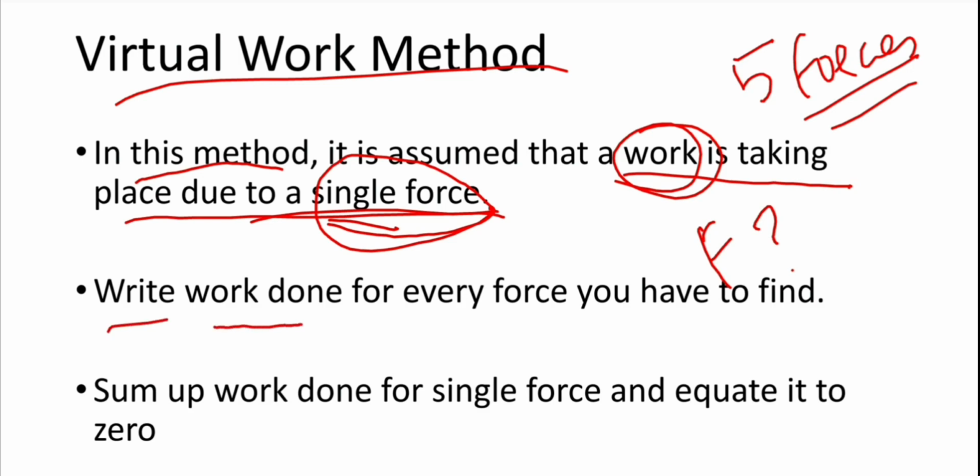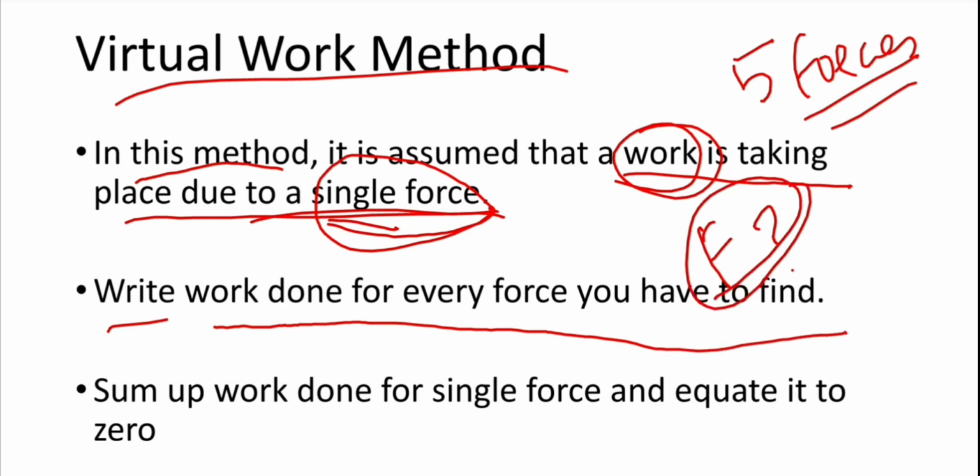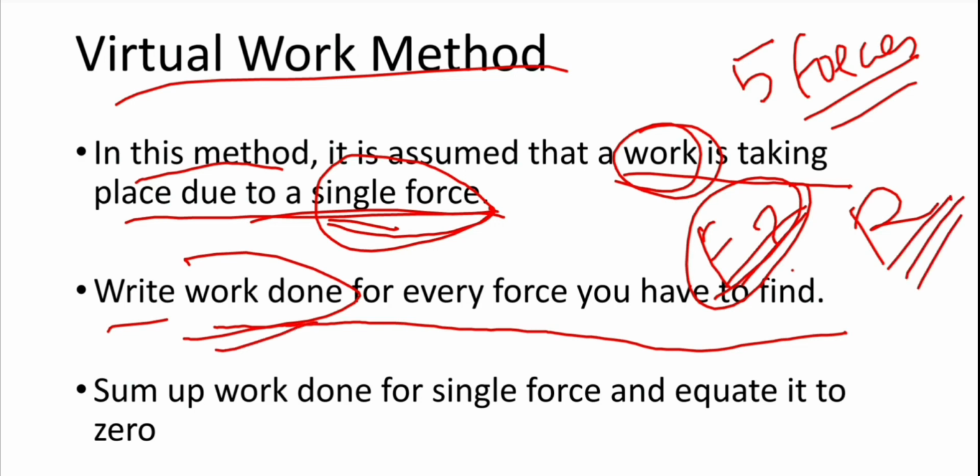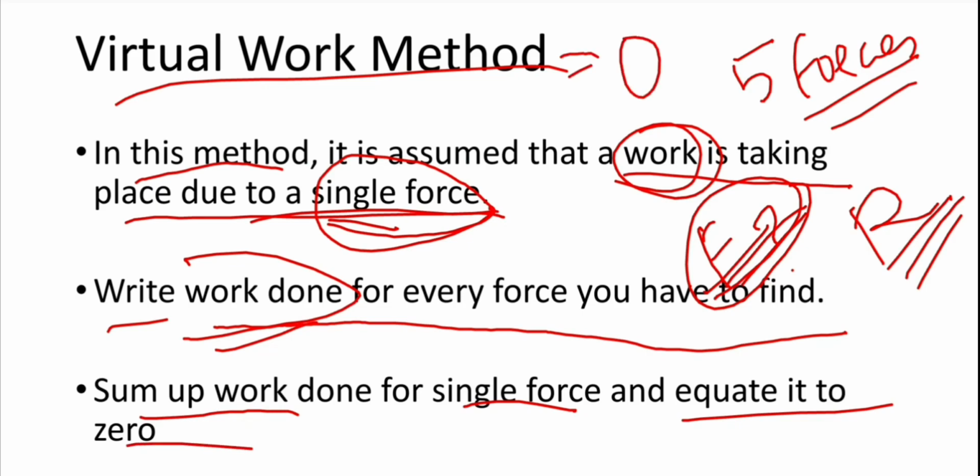Then we write the work done for every force you have to find. Means if we have to find the force F, then we write the work done equation for the force F. If we have to find the force R, then we write the work done equation for force R. Like that. And then we sum up the work done equation for the single force, that is F, and equate it to 0. That means we take the work done equal to 0.